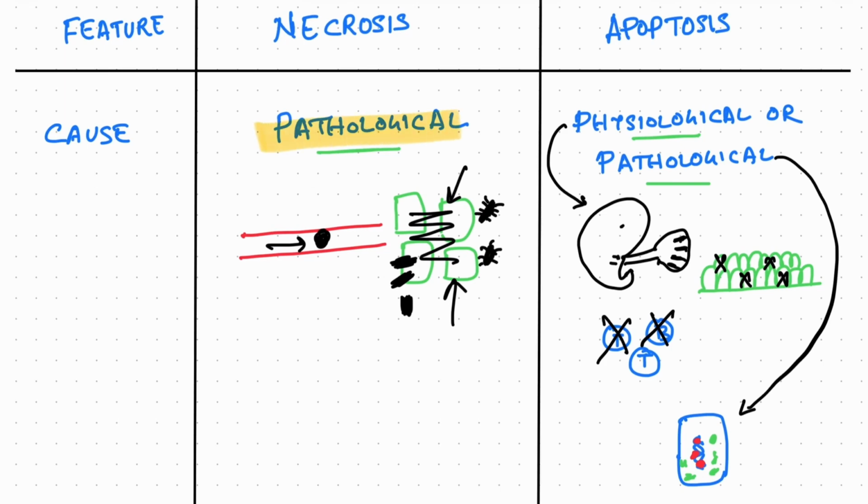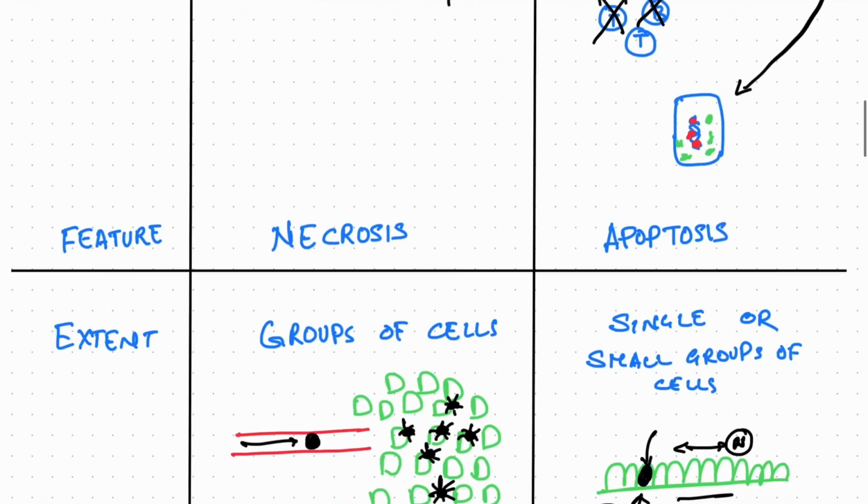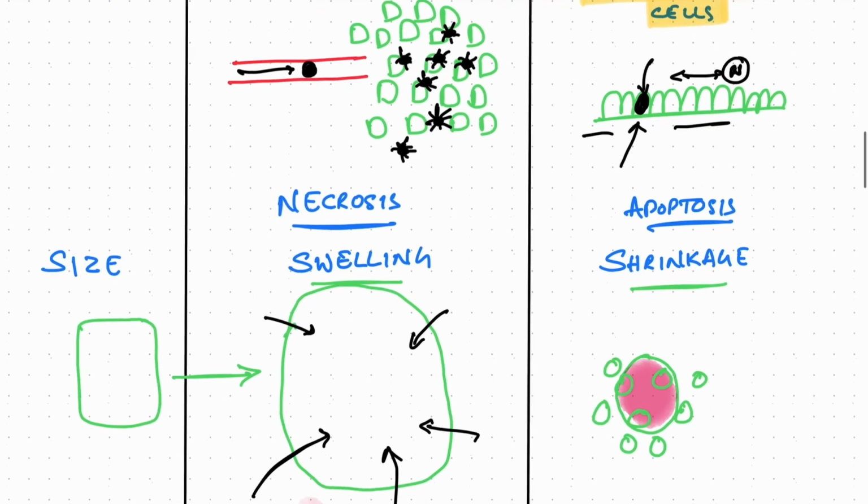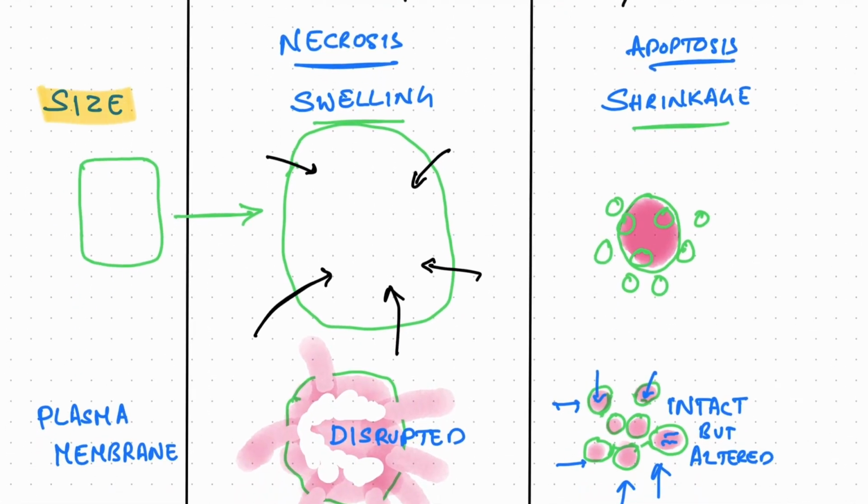Necrosis is always pathological, while apoptosis can be physiological or pathological. Necrosis affects a large group of cells, whereas apoptosis can occur in a single cell or a small group of cells. When it comes to cell size, a necrotic cell swells up, whereas an apoptotic cell shrinks.